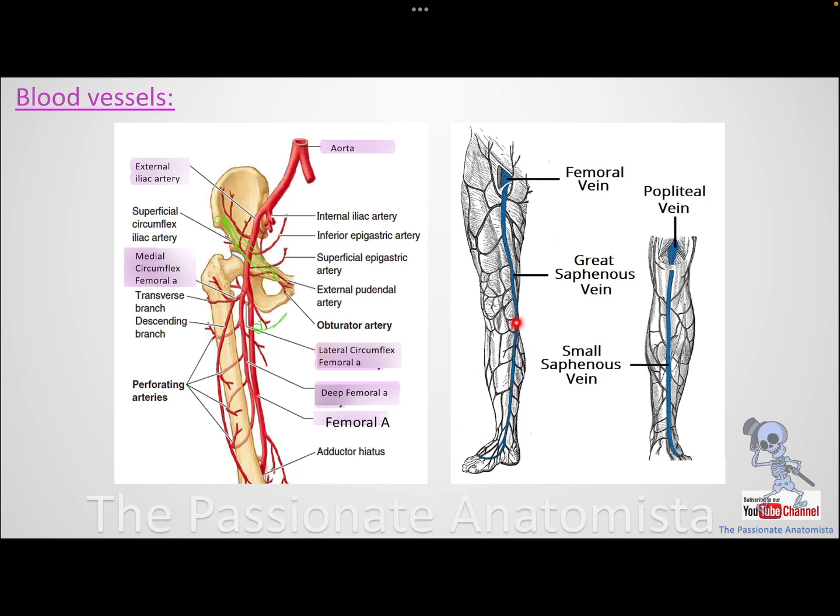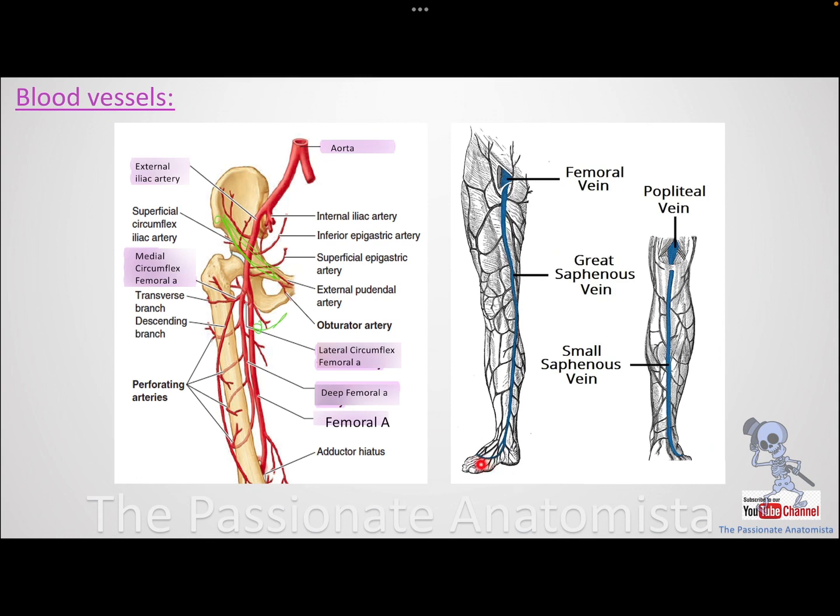It's a superficial, very big vein. It goes all the way until it pierces the deep fascia and drains into the femoral vein. The very important thing about the great saphenous vein is that it starts from the big toe and from the dorsal venous arch, and it drains everything medially until you reach the inguinal region.